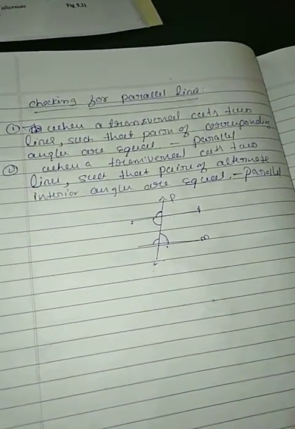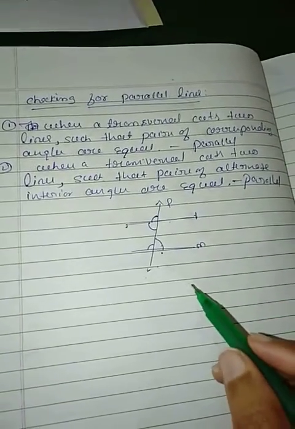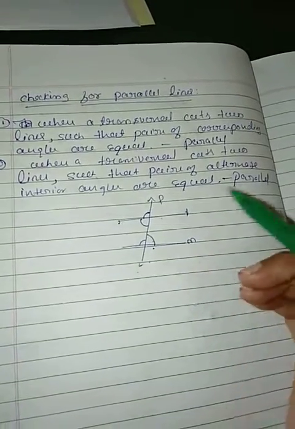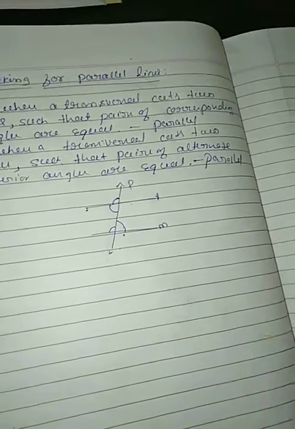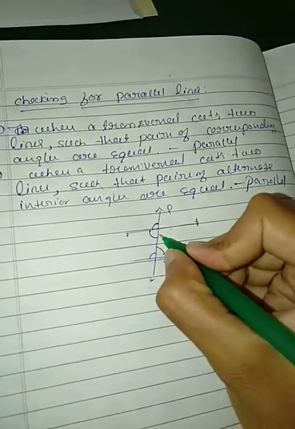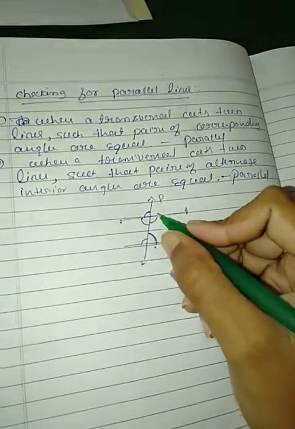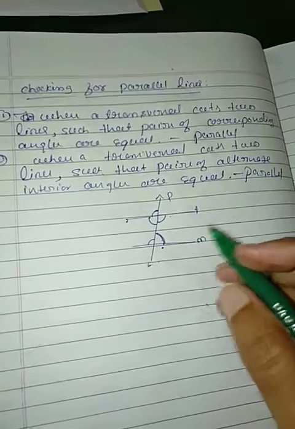And another one: if a transversal cuts two lines, and the pairs of interior angles on the same side of the transversal are supplementary. That means, see, these are the interior angles, and they lie on the same side of the transversal.